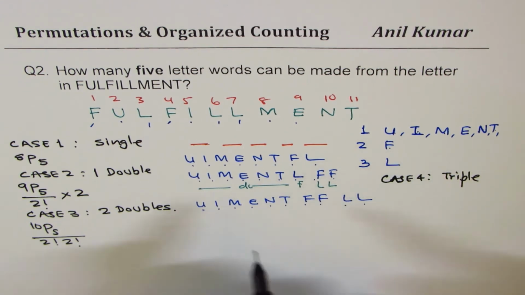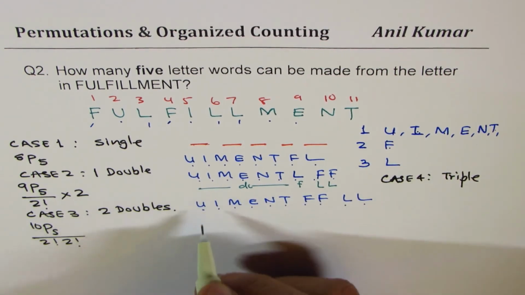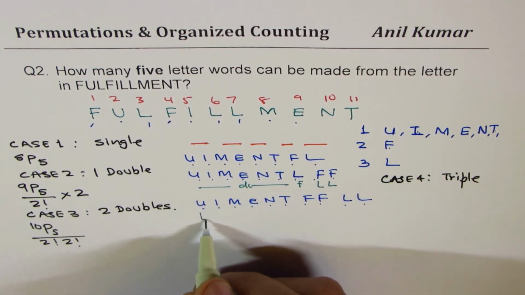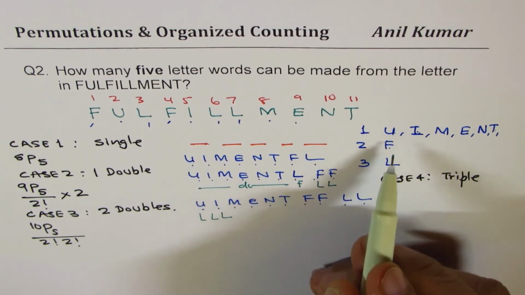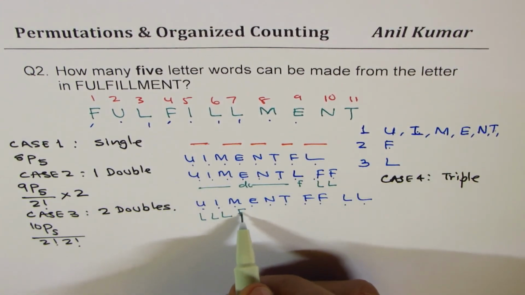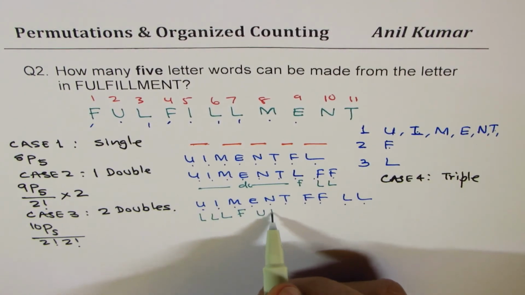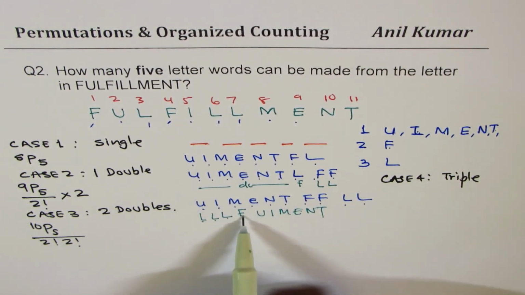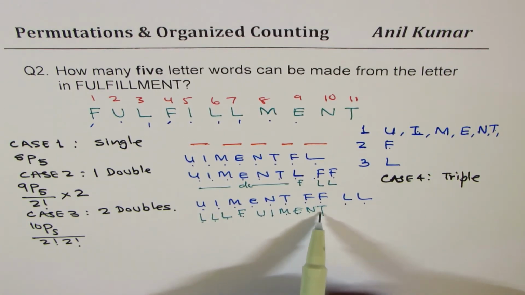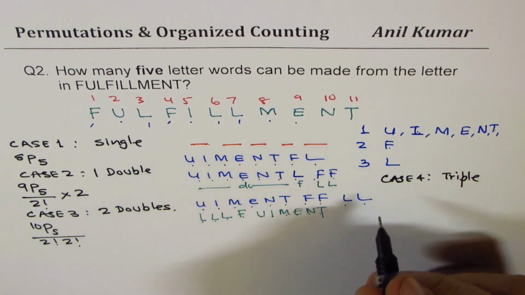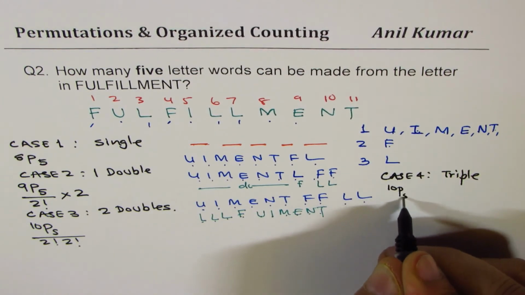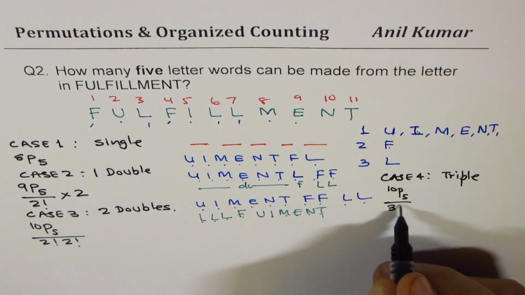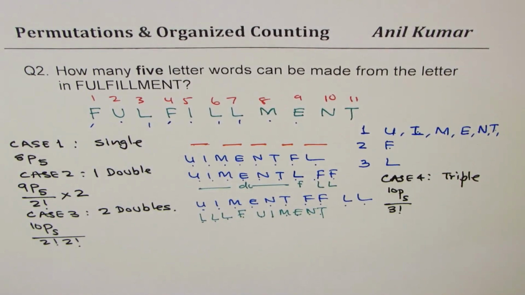Triple means L, L, L. So we have all of the singles: F, U, I, M, E, N, T. So we have 1, 2, 3, 4, 5, 6, 7, 8, 9, 10. Out of 10, we have to fill in 5 positions. 1 triple means divide by 3 factorial.